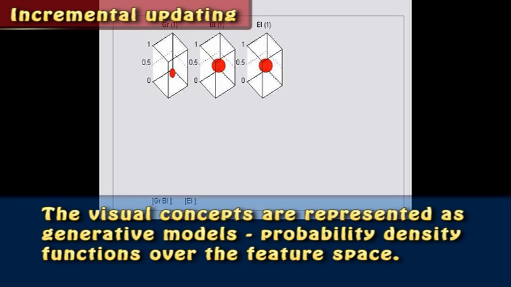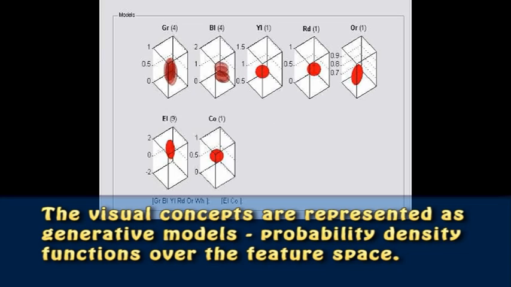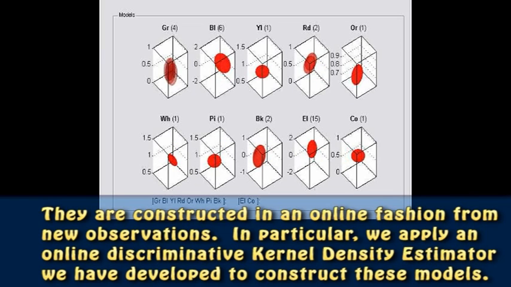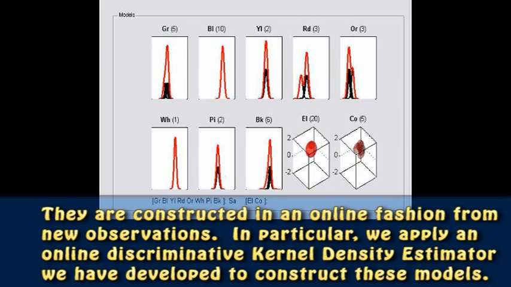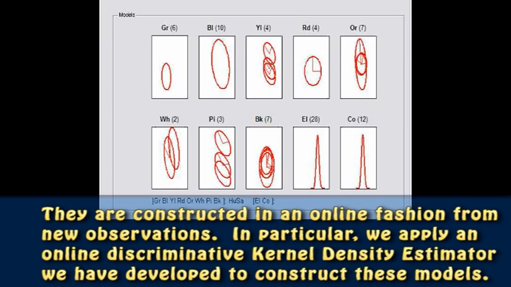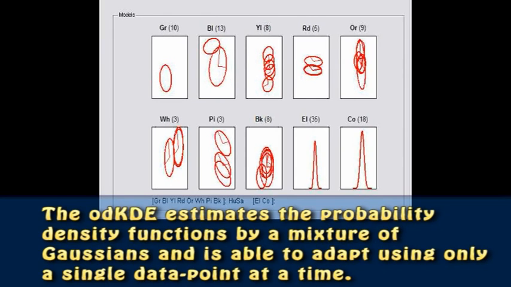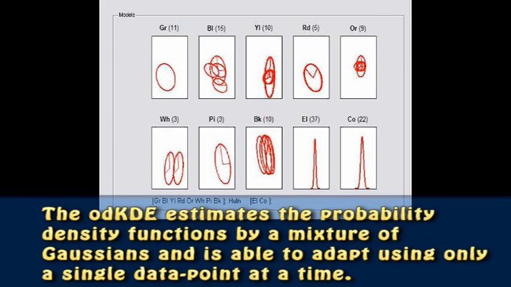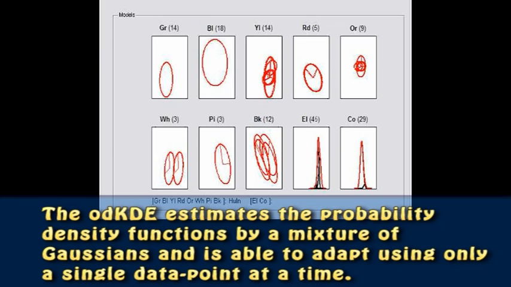The visual concepts are represented as generative models, probability density functions over the feature space. They are constructed in an online fashion from new observations. In particular, we apply an online discriminative kernel density estimator we have developed to construct these models. The ODKDE estimates the probability density functions by a mixture of Gaussians and is able to adapt using only a single data point at a time.